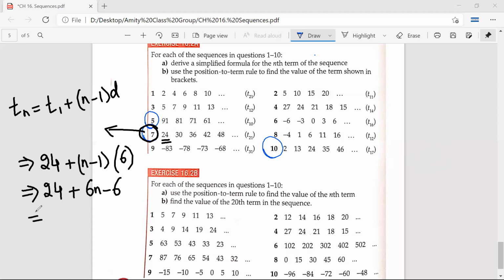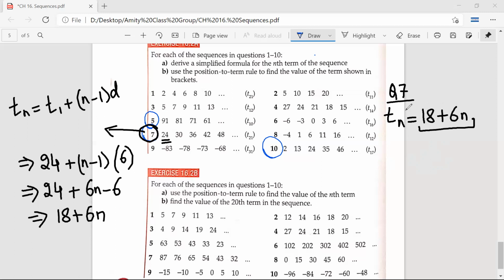Oh, one minute. So then it'll be 24 plus 6n minus 6. So the answer will be 6n plus 18. Samay, did you find Tn is equal to 18 plus 6n? Were you able to arrive here?